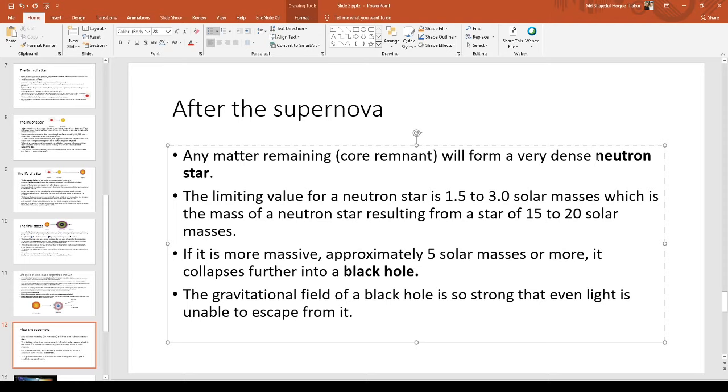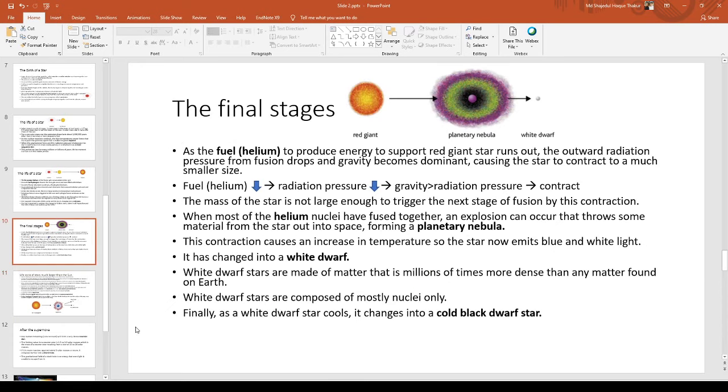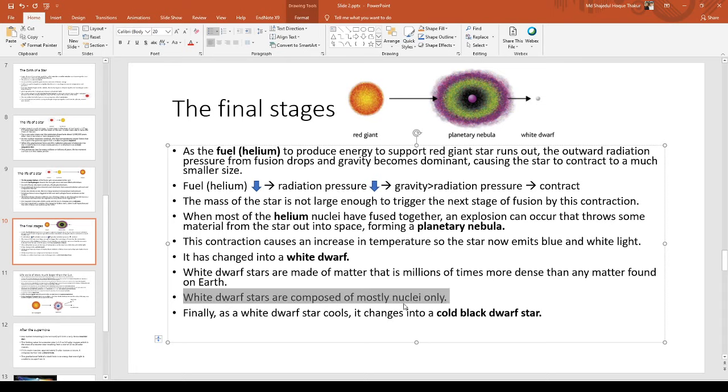so this is interesting. We studied normal stars, we studied white dwarfs. Do you remember what's the difference between normal stars and white dwarfs? White dwarfs are composed mostly of nuclei only, right?